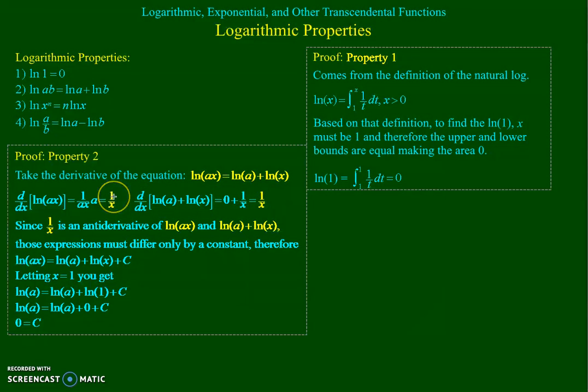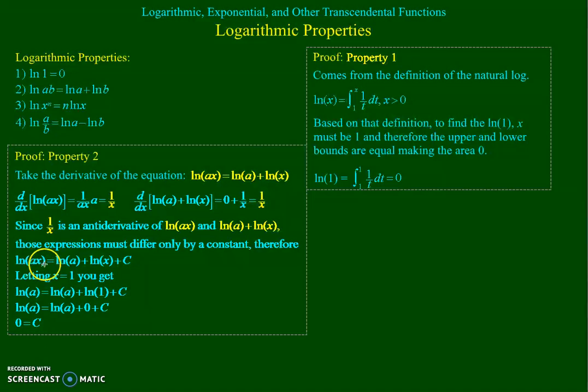That means that 1 over x is the antiderivative of both ln of ax and ln of a plus ln of x. Now what that means, if you recall from the definition of antiderivatives, is that these two expressions are exactly the same except for the constant of integration.